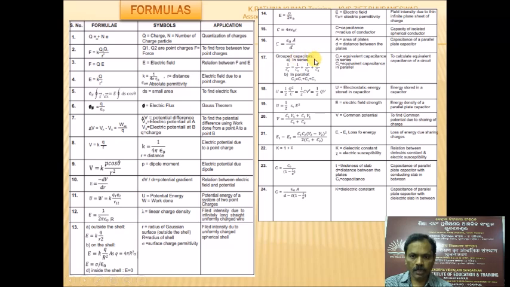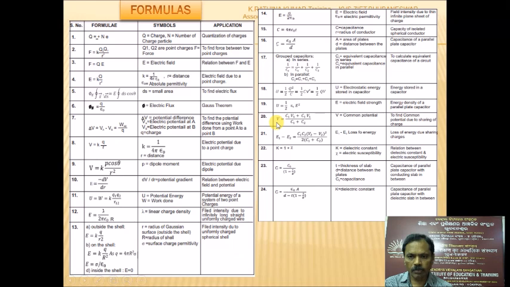For grouped capacitors, the first one is series and the second one is parallel, just opposite to the resistors. And the energy stored in the capacitor is q square by 2C, equal to half CV square, or half qV. And half epsilon naught E square is called the energy density of the parallel plate capacitor.